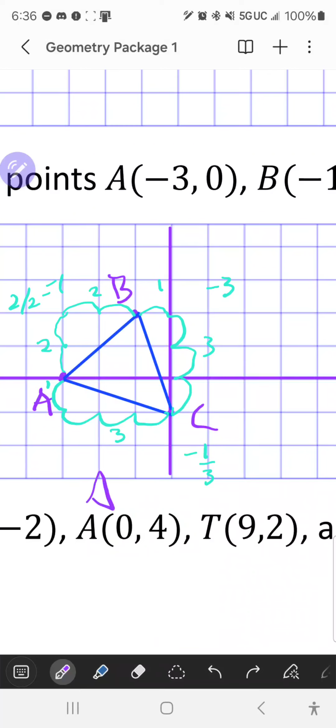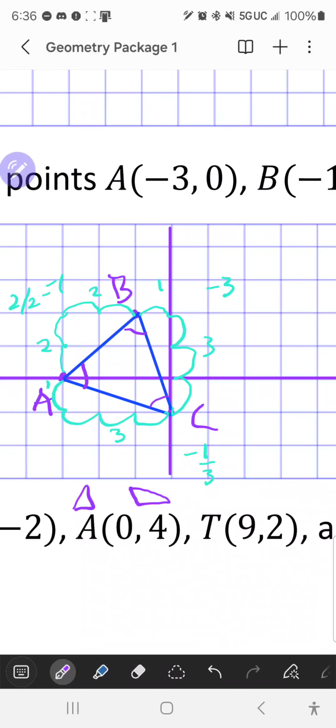While the obtuse triangle has one angle greater than 90 degrees, so it will look something like this. By simple sight, I can say that this is an acute triangle. So this is less than 90, this is less than 90, this is less than 90.